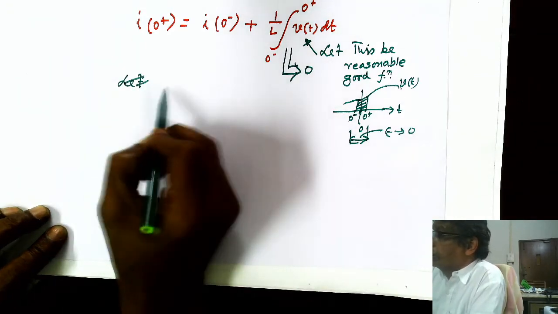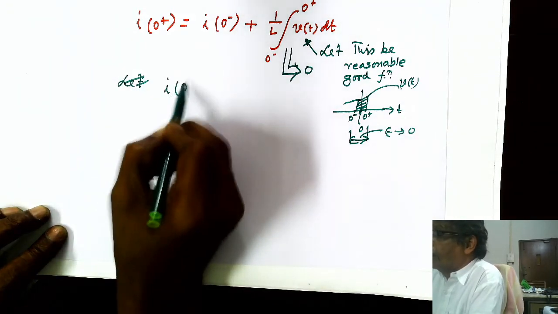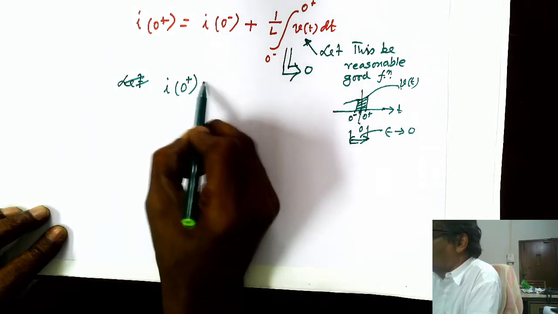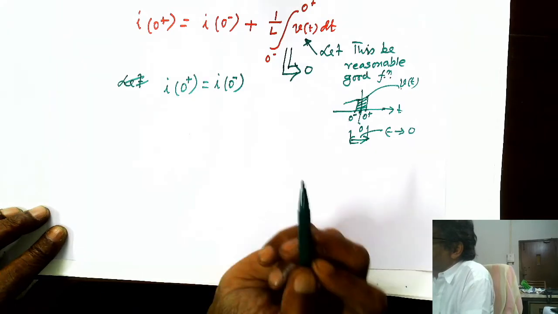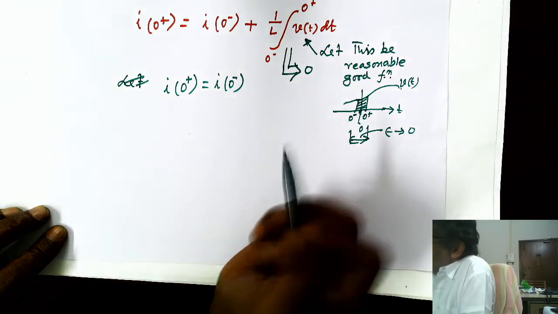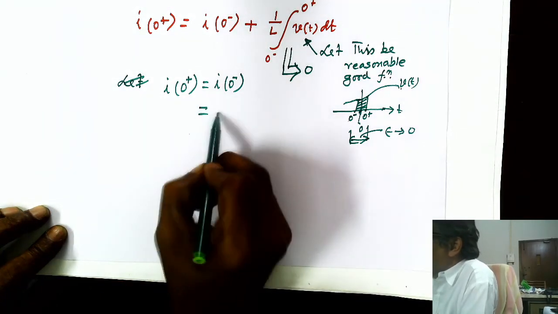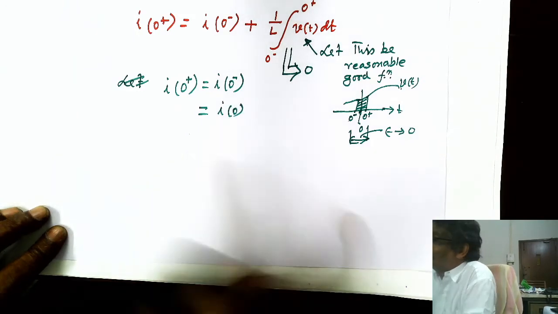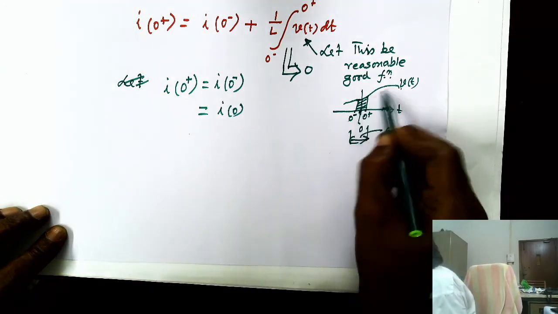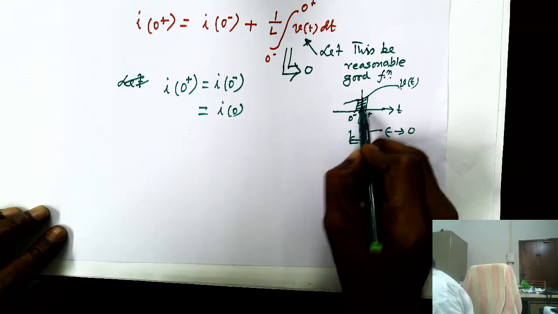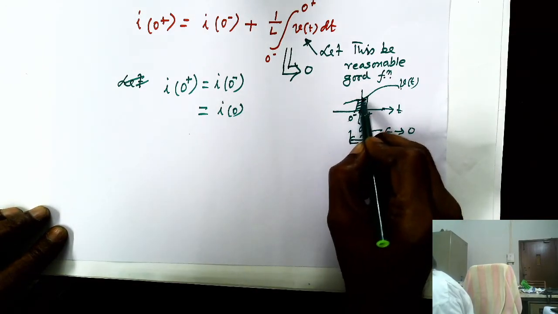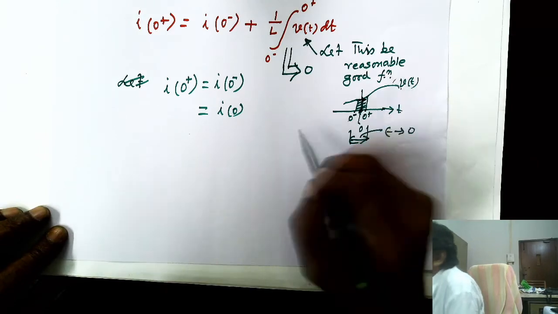Therefore, we will conclude that I0 plus is equal to I0 minus, and that is the same as I0 itself. What is the difference of this function at t equal to 0, this length, t0 plus close to this, t0 minus this, about this Vt?